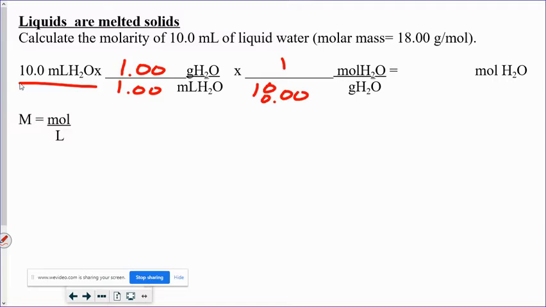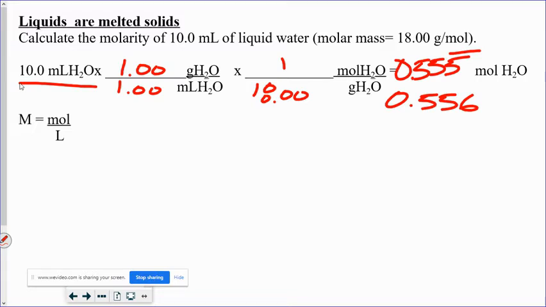And if you do that math, which I'll do real quick, which is basically 10 divided by 18, you end up getting 0.555 moles of water, and it keeps going out, keeps going out. So if we're going to do sig figs on that, it'd be 0.556, if we go with 3 sig figs on that.